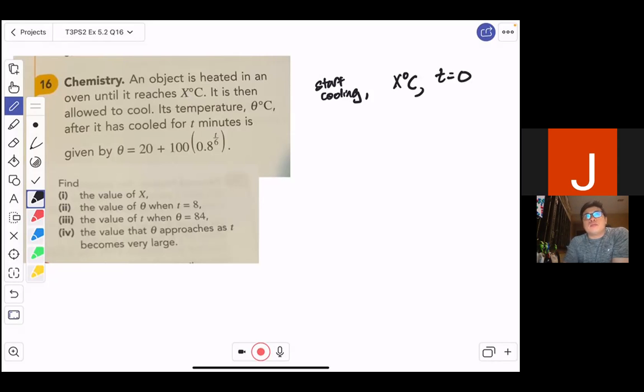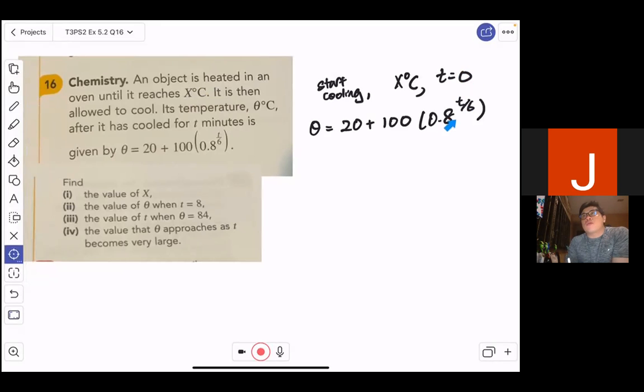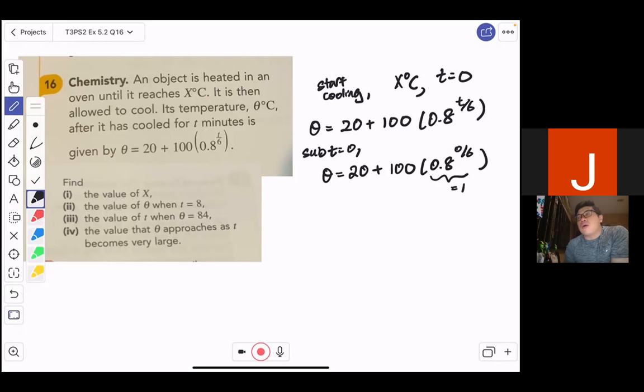So what we want to do is take our theta equation. We know the cooling follows this formula, 0.8 to the power of T over 6. If we substitute T equals 0, theta will be equal to 20 plus 100 times 0.8 to the power of 0 over 6, and this will just give us 1, since a to the power of 0 is always 1.